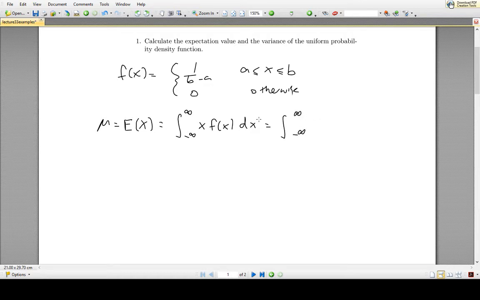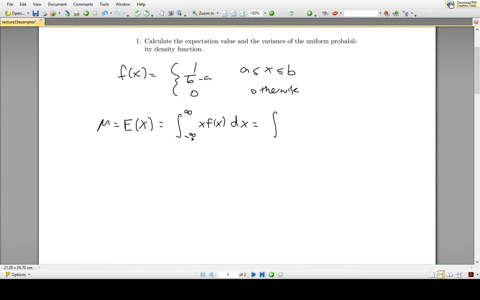So let's do it for ours. What is our f of x? It's 0 anytime x is not between a and b, so it wouldn't contribute to the integral at all.